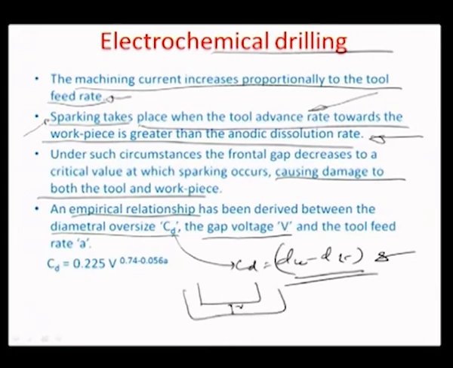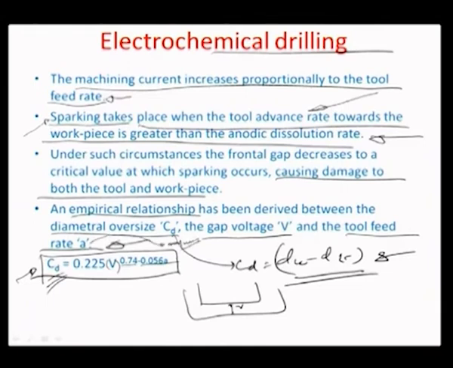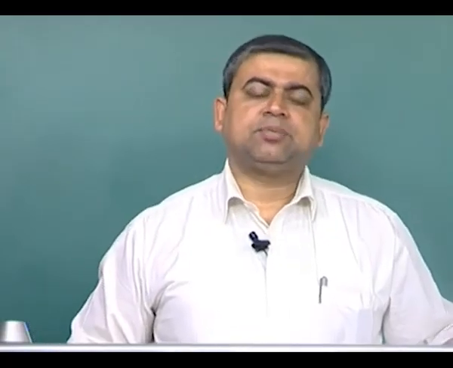Particularly for a particular feed rate, let us say A, it has been determined by experimental observation that the CD is proportional to voltage to the power 0.74 minus 0.056 A. So, this A is basically in millimeters per minute. So, that is about what we have for the electrochemical drilling process.